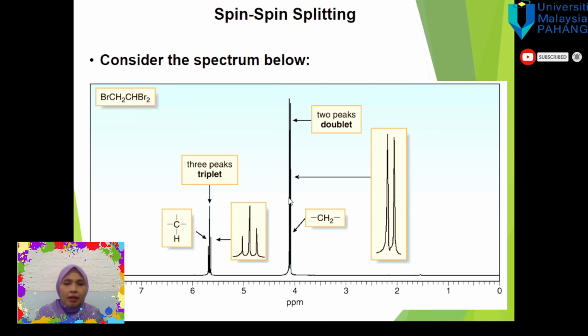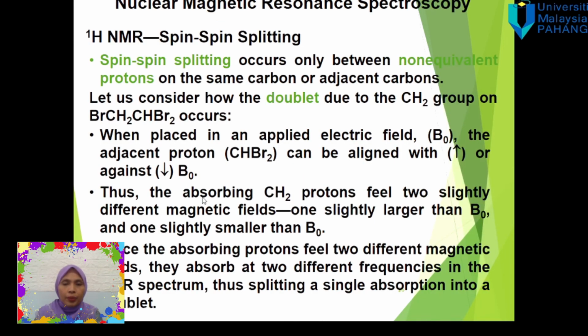So one signal is a doublet, one signal is a triplet. That's how spin-spin splitting is affected by the neighboring proton. Or as you can read here, it occurs between non-equivalent protons on just adjacent carbons. In an easy way, I want you to understand that spin-spin splitting in NMR is caused by neighboring protons.